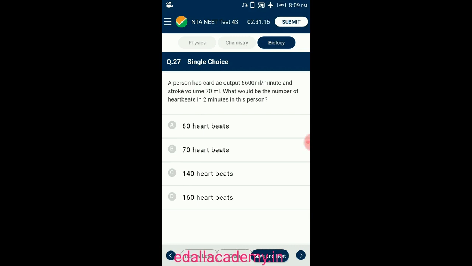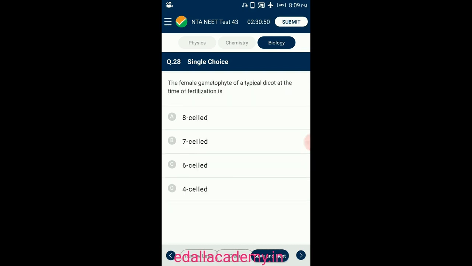Heartbeats per minute is equal to cardiac output by stroke volume, which is 5600 ml by 70 ml, equal to 80. Therefore, the number of heartbeats of the person in 2 minutes is 80 into 2, which is 160. So the answer for this question is option D. In 2 minutes, 160 heartbeats take place.